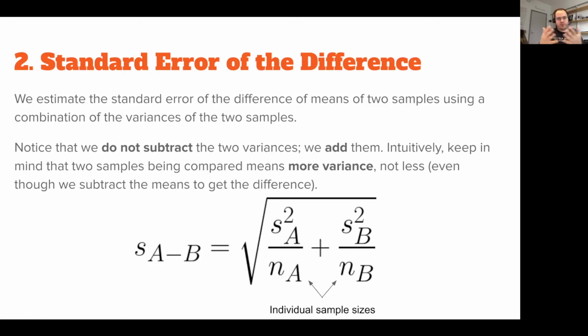Because we want to estimate the difference between the means, so x bar A minus x bar B. Actually, when you compute the standard error, you're not subtracting, you're summing them up inside the square root.